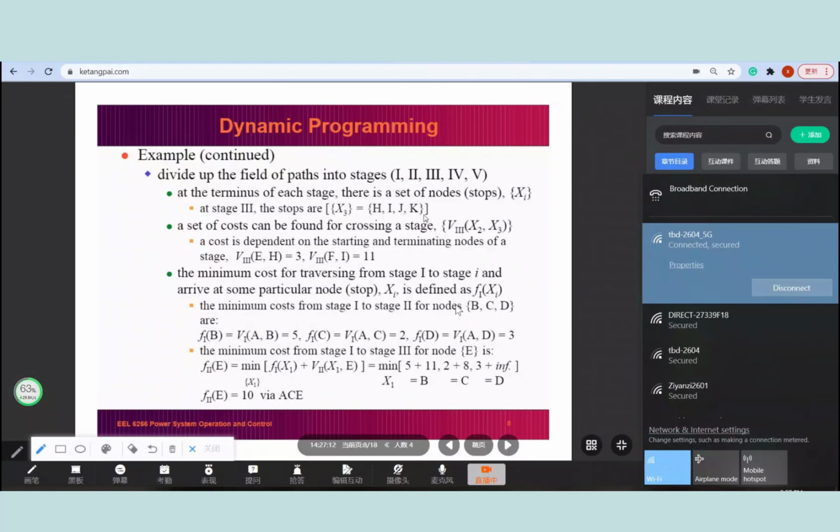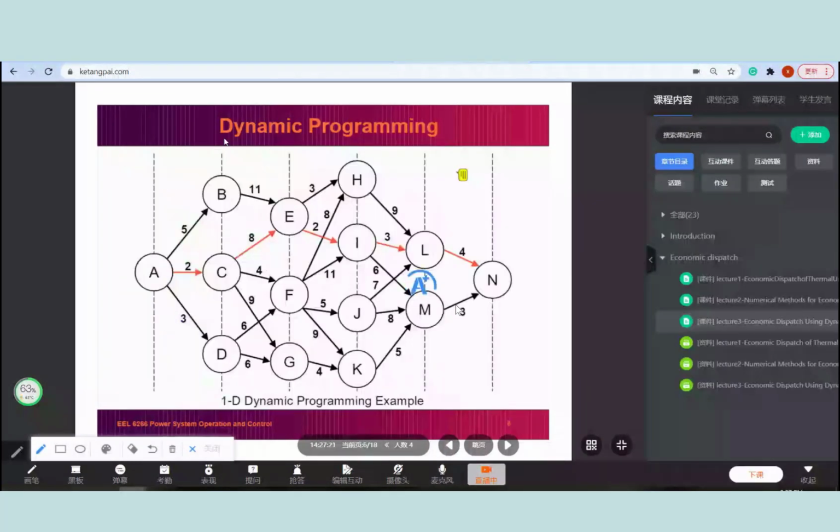Okay. Sorry. So for example, for this problem, we can divide this problem into several stages, where stage 1, stage 2, stage 3, stage 4, and stage 5. For each stage, there are different points. That means you have different choice.